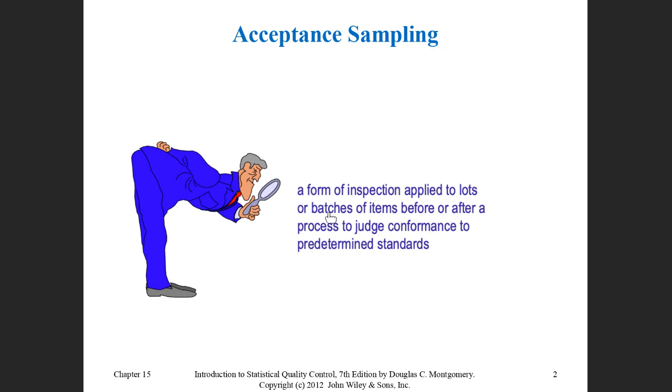So those are different batches. That means a group of a population in your process. So it's an inspection for this batch of items before or after. So you either do it before or after or both to judge the conformance to the predetermined standards.